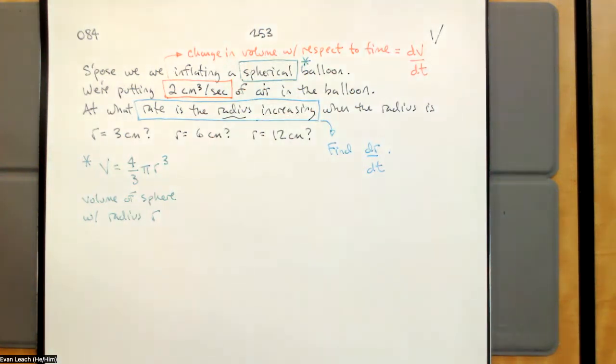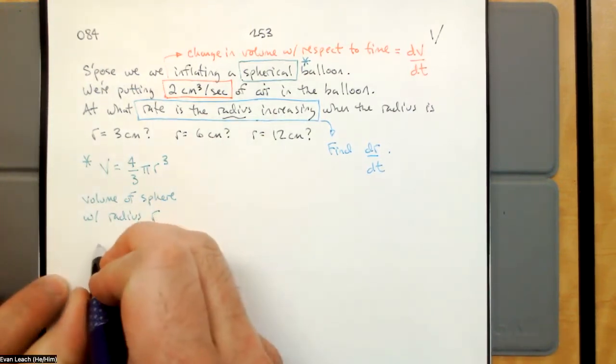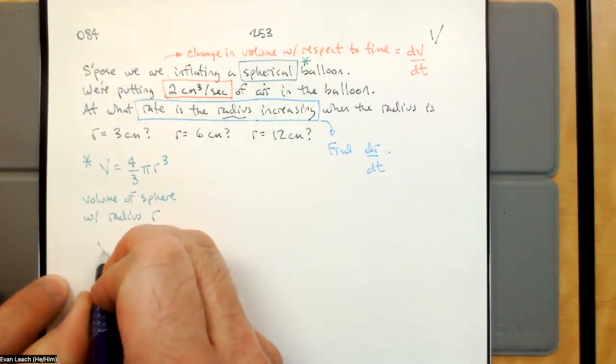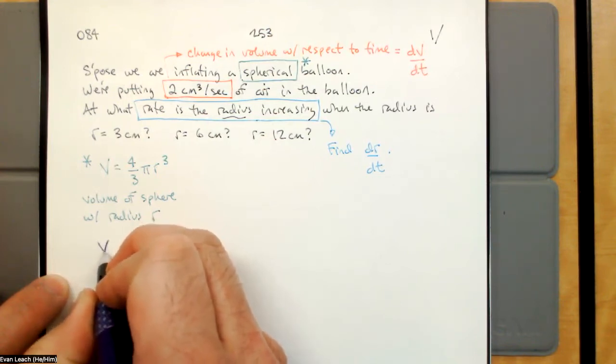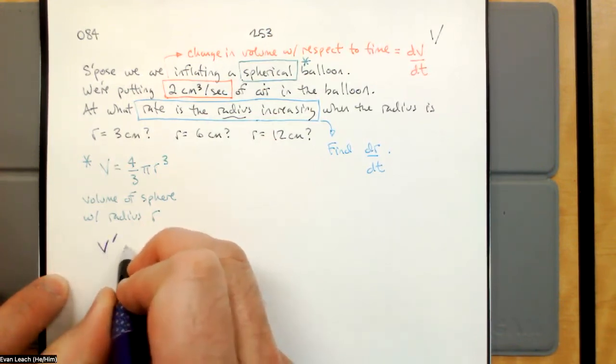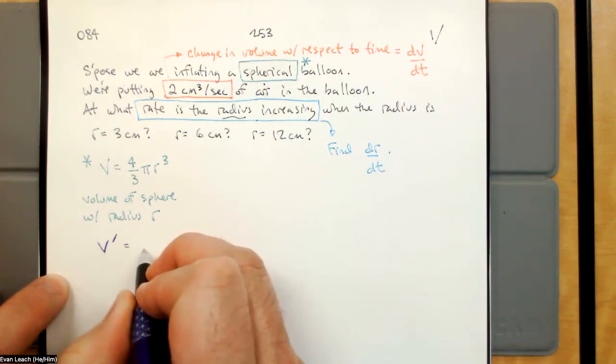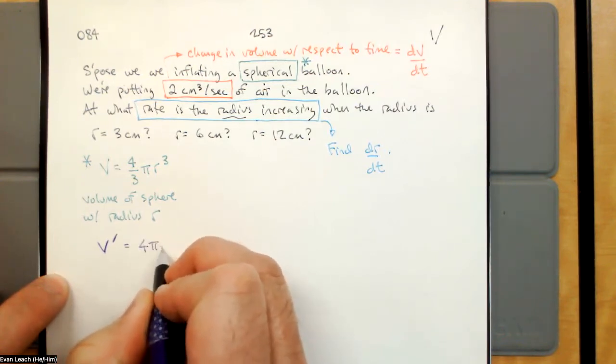So we don't just want to say v prime. We don't just want to write v prime when we write 4 pi r squared.